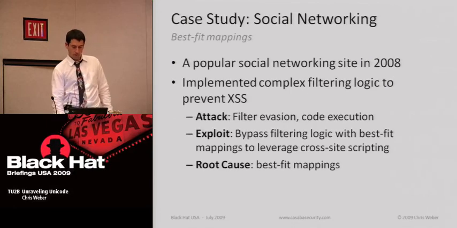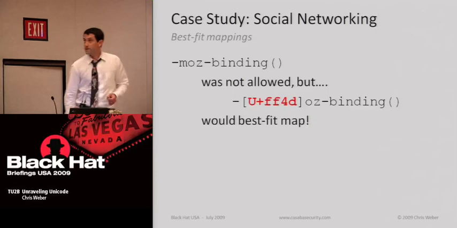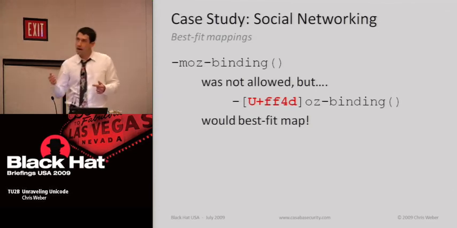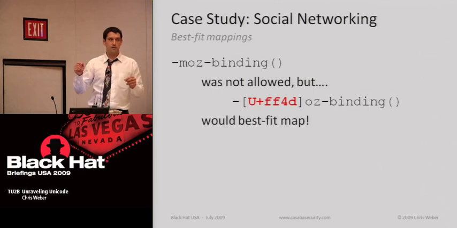So here's a quick example of a social networking system that we were testing and found a pretty cool cross-site scripting bug using best fit mappings. Basically they had a really cool cross-site scripting filter, and they also had a profile editor, which is common on social networks. You could control some of the cascading style sheets with colors and other things.